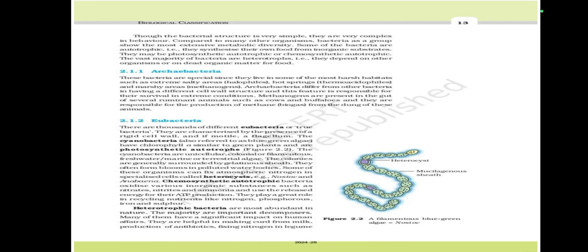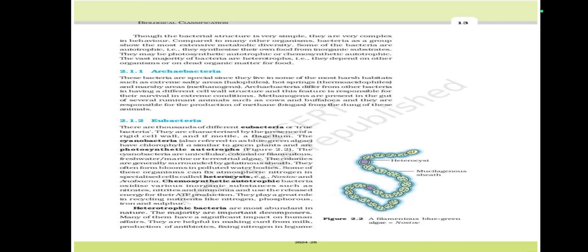Though the bacterial structure is very simple, they are very complex in behavior compared to many other organisms. Bacteria as a group show the most extensive metabolic diversity. Some of the bacteria are autotrophic, that is, they synthesize their own food from inorganic substrates.